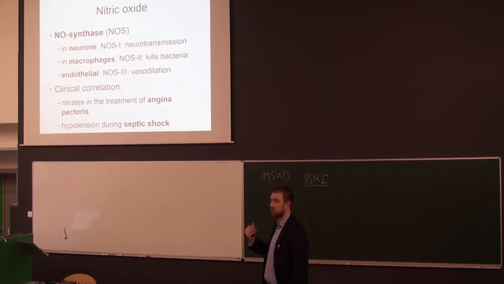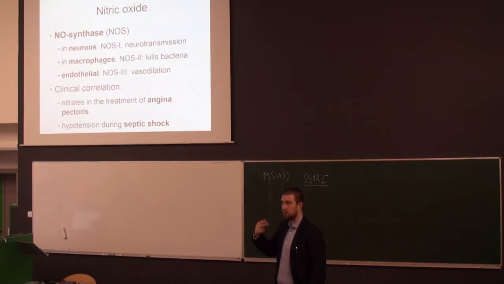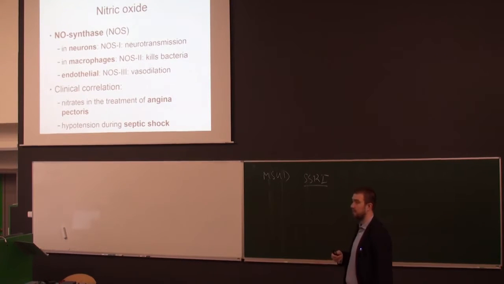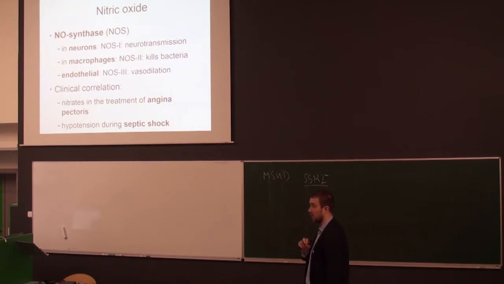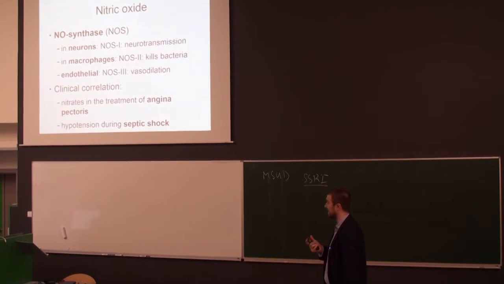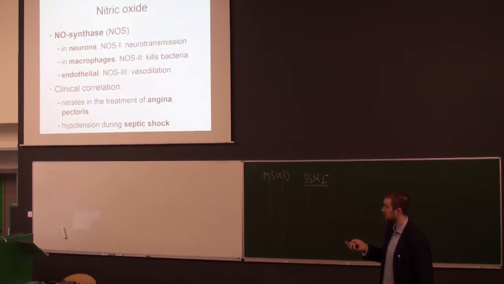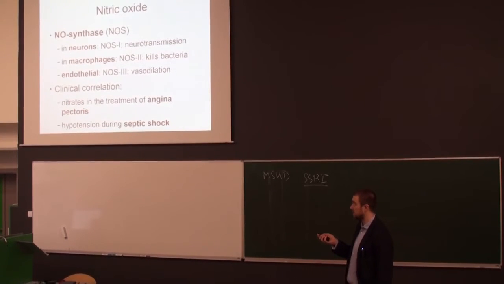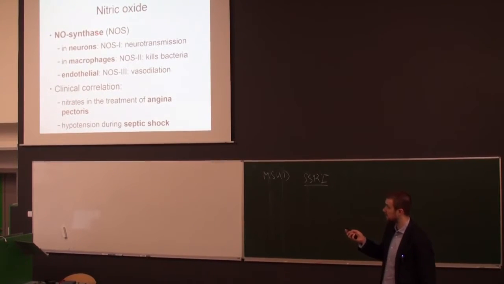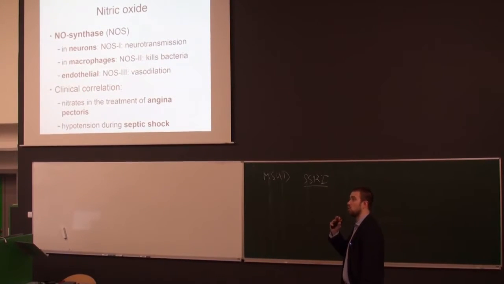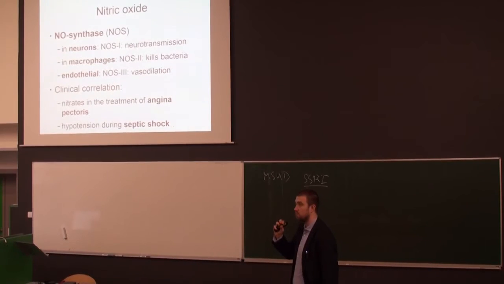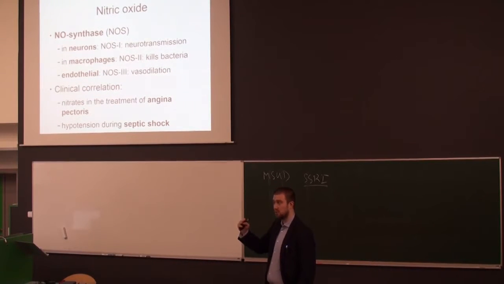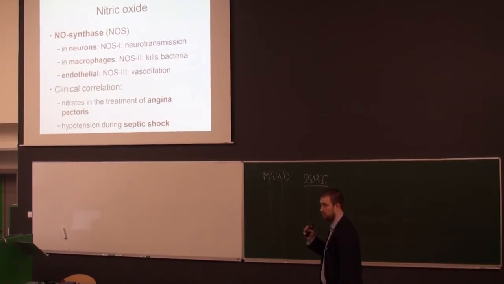These things have some correlations for you. If you read books, you can read that people who have angina pectoris, that means narrowing of the coronary arteries in your heart, if they have an attack of angina pectoris, they take nitrates. The explanation is quite simple. Nitrates will generate nitric oxide, therefore causing vasodilation, and therefore you will have for some time improved vascularization of the heart muscle.